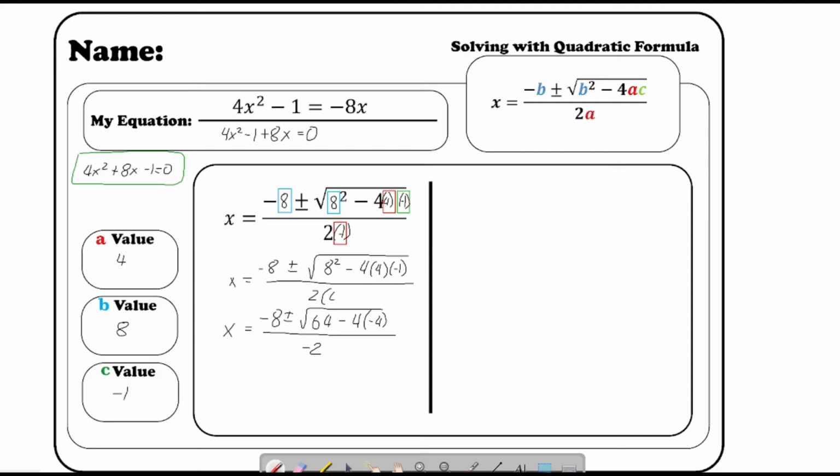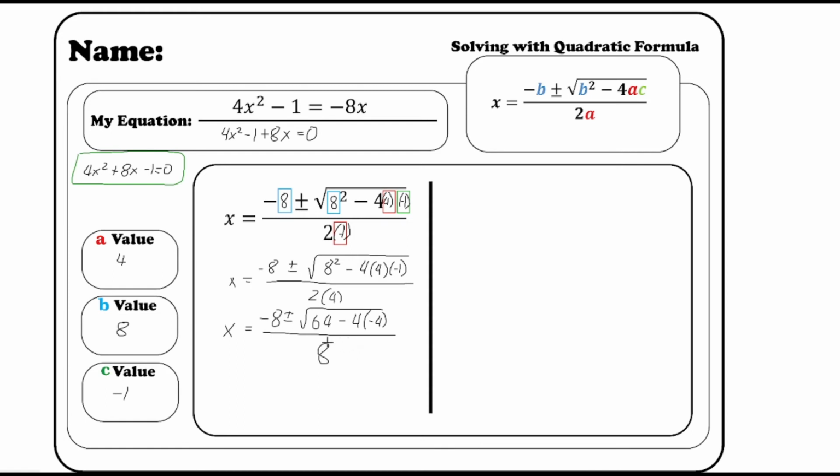So, this should be 4. And then, the denominator, 2 times 4. 2 times 4 is 8.